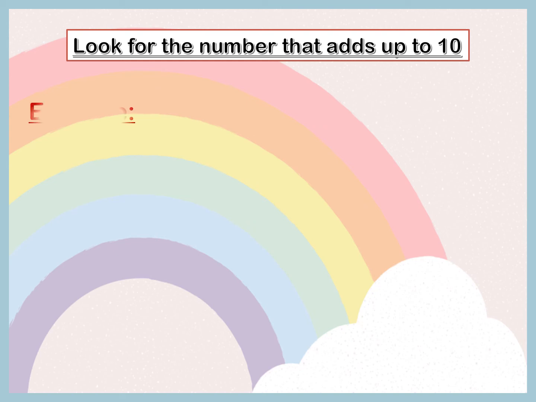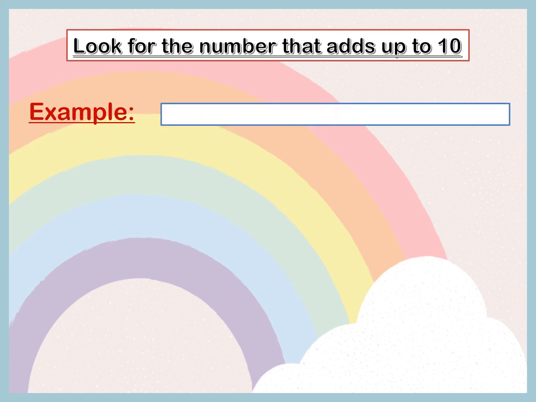Now, this is the example. I'm going to show you the equation here, kids. We have 4 numbers here, okay? But what you're going to do is get two numbers that are equal to 10. So we have 8 plus 2 plus 4 plus 6.